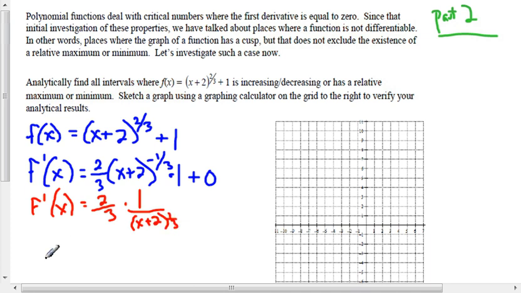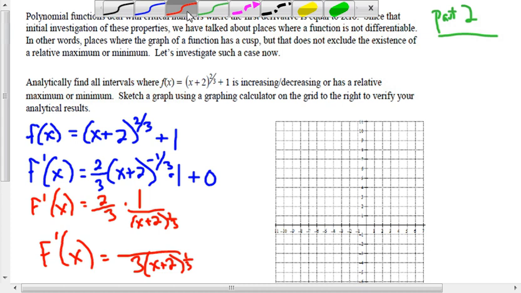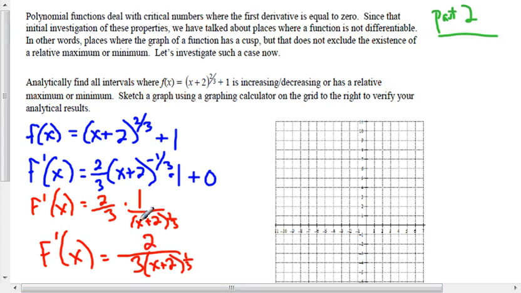We know that's the cube root, so let's write it as one fraction: that's equal to 2 over 3 times (x + 2)^(1/3). Let me make it look a little prettier by putting the 2 right in the middle. Now, I want to find out where this equals 0, and I'm not going to get a solution there.